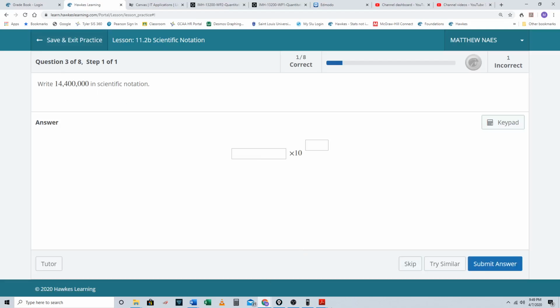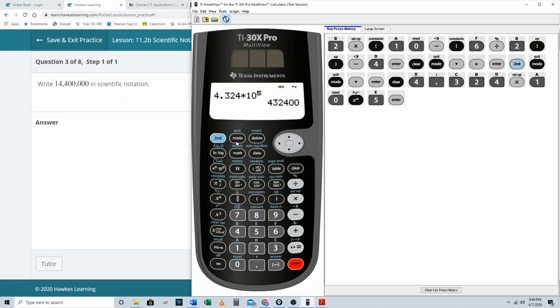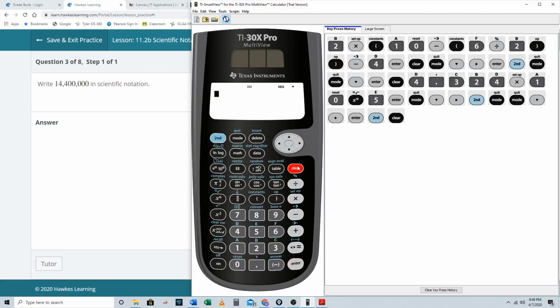Now, to put this in scientific notation, I'm going to go back to mode and change it to scientific notation. I didn't see SEI show up, so something happened. Mode, scientific, press enter to make sure it's highlighted, and I can clear to get out of there.